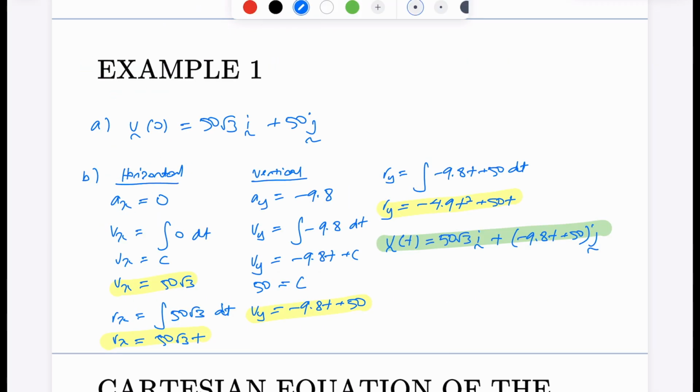Okay, in a similar way, my displacement vector equation is just going to be my horizontal and vertical displacements stuck together.